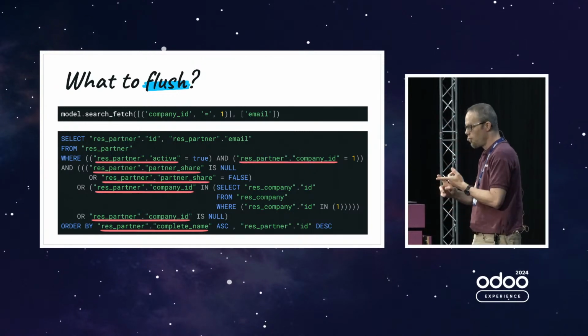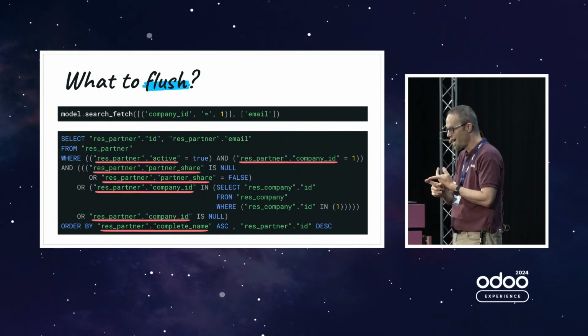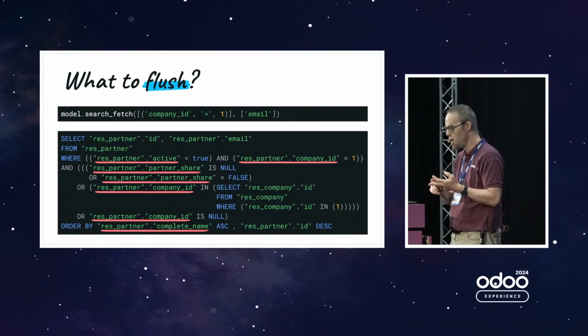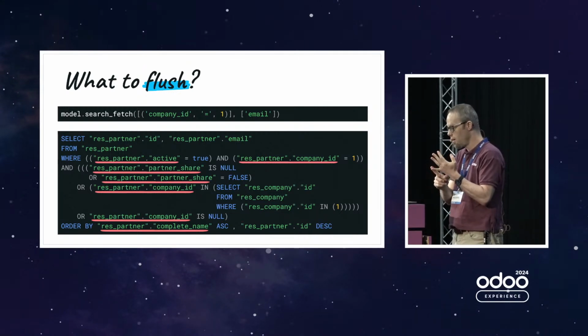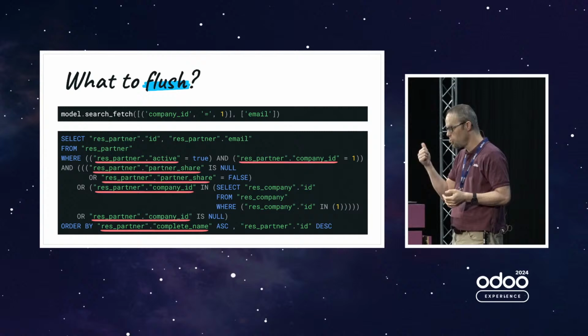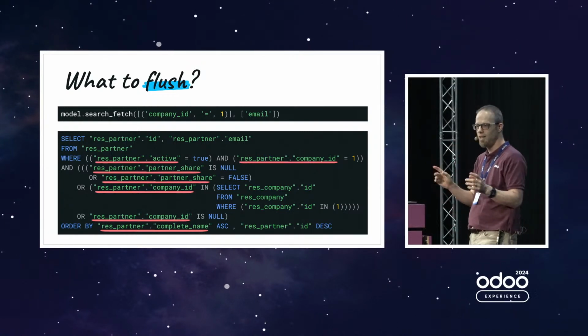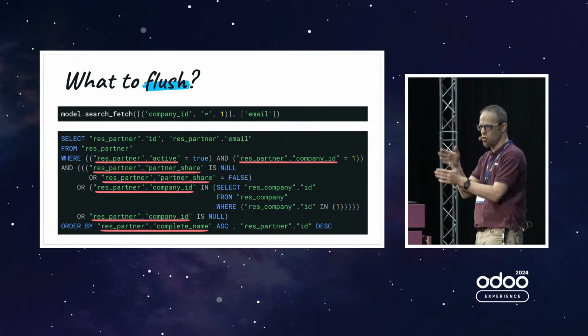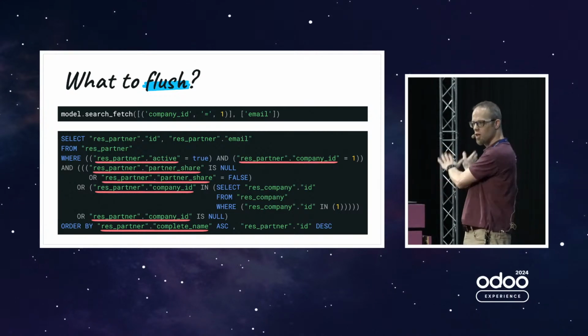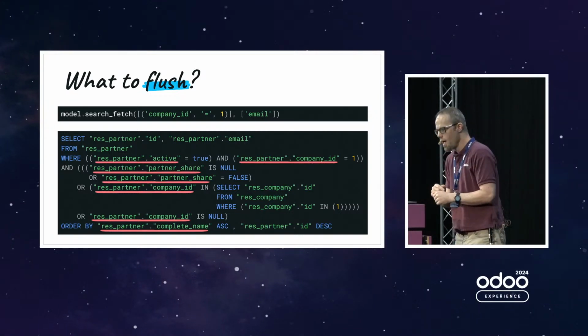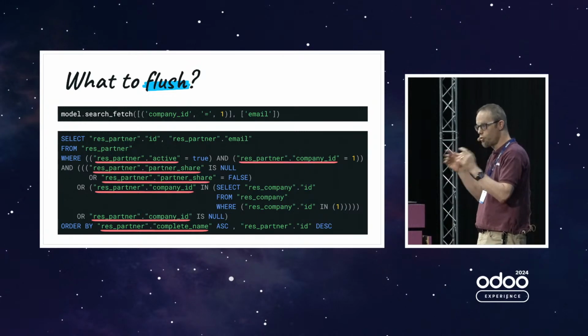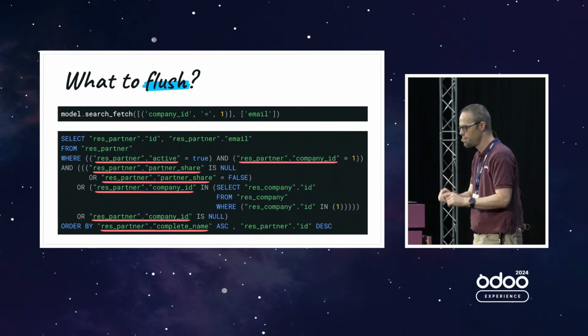So, of course, the partner active, the partner company ID, partner share, partner company ID again, the complete name. The ID field actually is always in sync because you cannot change it. So by design, we can ignore that one. And then, those ones must be flushed.